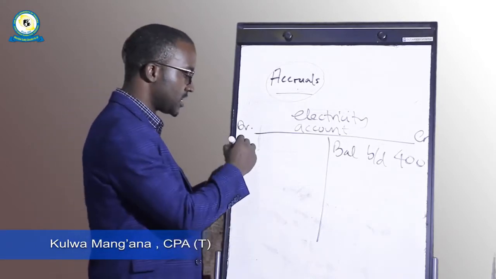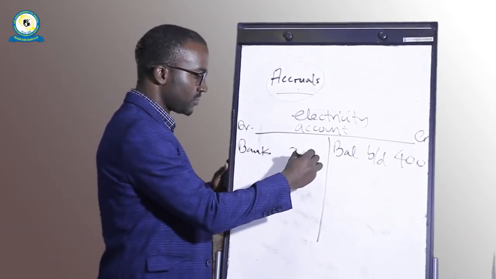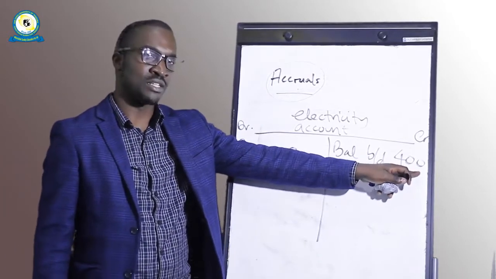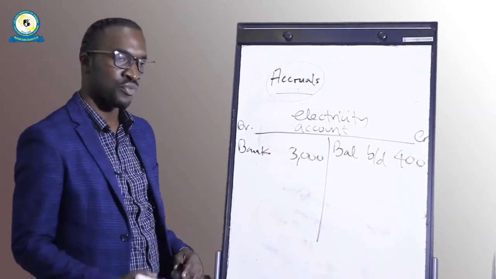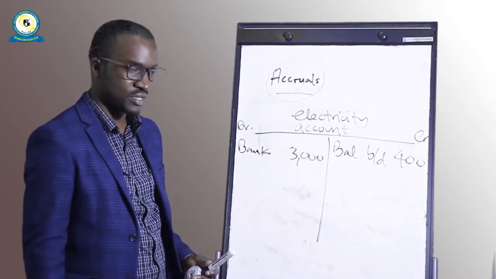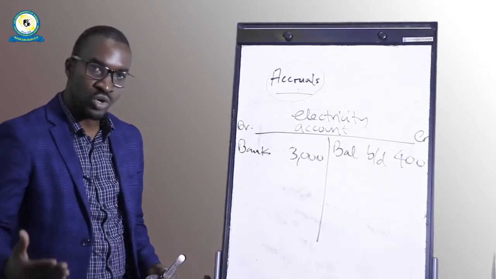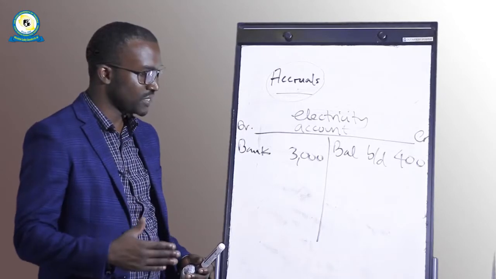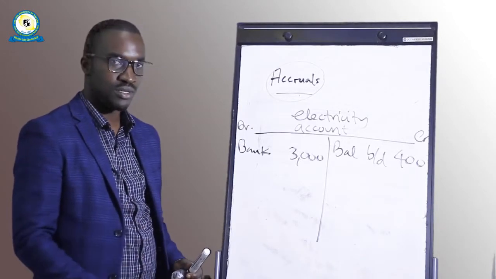Let us assume that we paid it by bank, so you're going to debit 3,000. Okay, I hope it makes sense. This was the liability by the start of the year, and then during the period you just paid 3,000 as electricity expense. I hope you can follow. Now, but we are also told at the end of the year, as at 31st December, there was also still an amount owed.